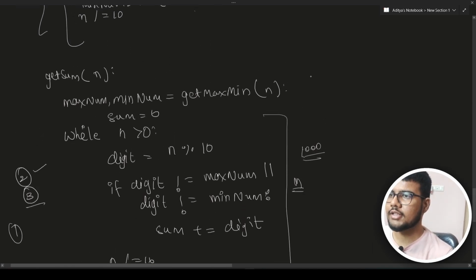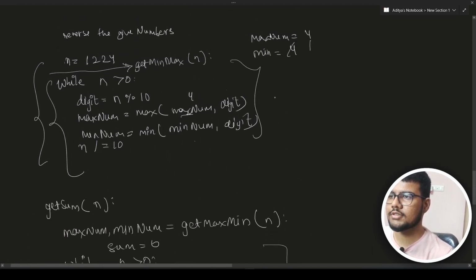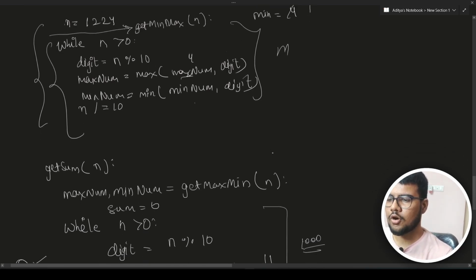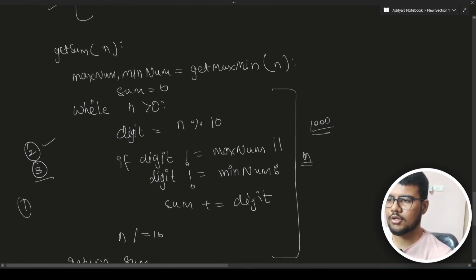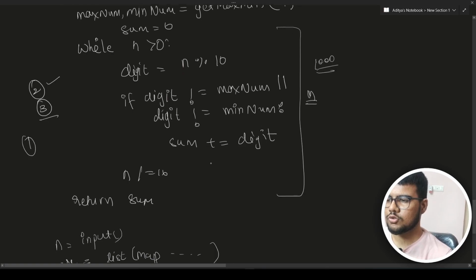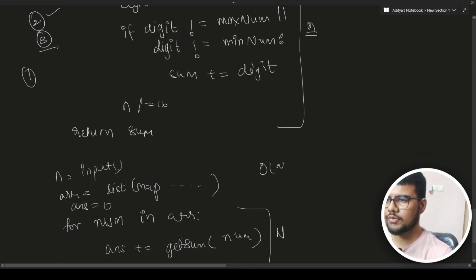Great. And in this case also we are traversing m times, which is the size of the number. Great. So order of m, order of n, and bingo. We are done with it. So the time complexity would be order of n into order of m.